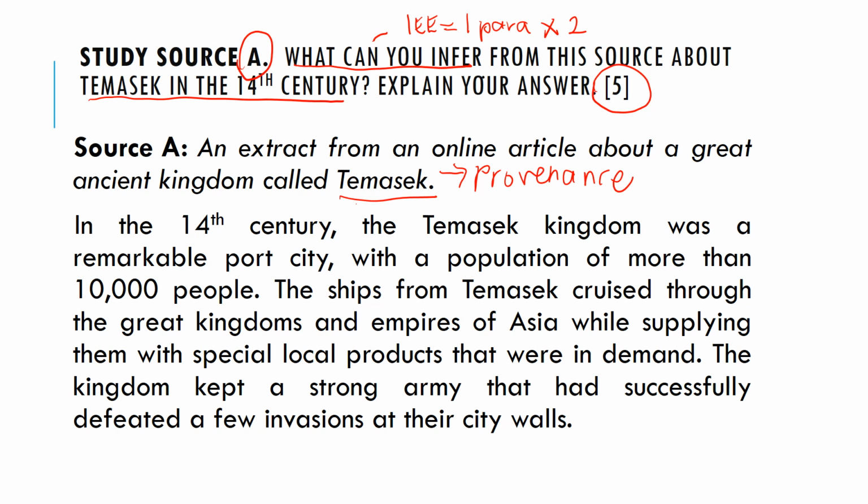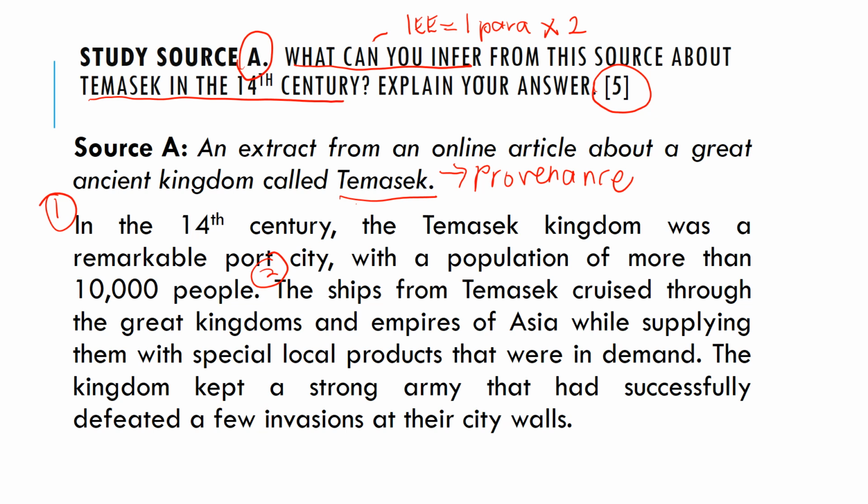Now I'll break down the source into 3 different sentences and briefly summarize what each sentence is saying. Sentence number 1. In the 14th century, the Temasek Kingdom was a remarkable port city with a population of more than 10,000 people. So if I were to summarize this, it's famous and got a lot of people. Next, sentence 2. The ships from Temasek cruised through the great kingdoms and empires of Asia while supplying them with special local products that were in demand.